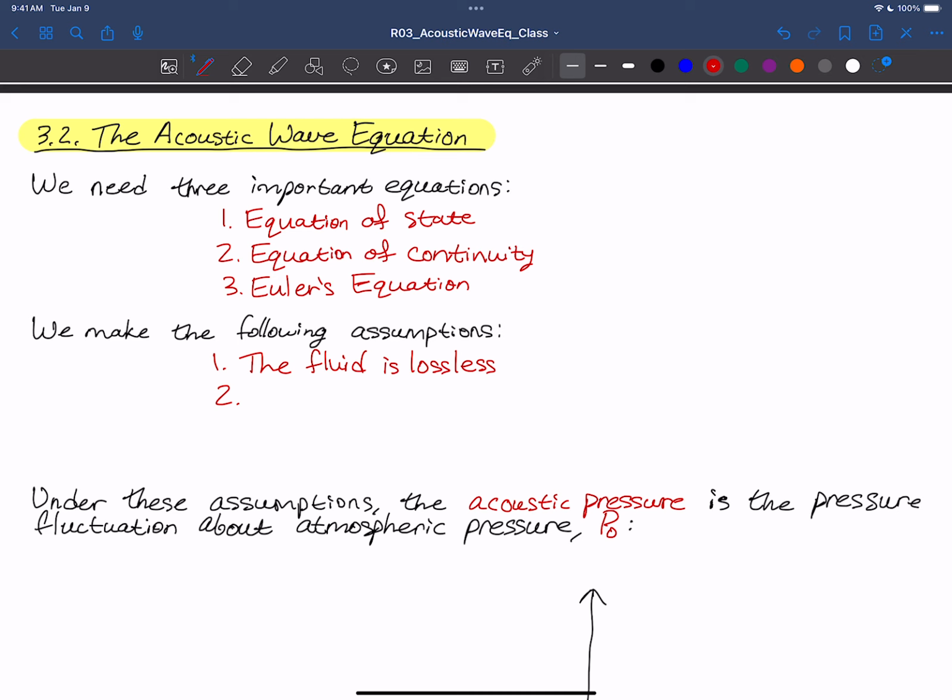Second, we're going to assume that the fluid is inviscid. It means that all of the viscous forces are negligible.